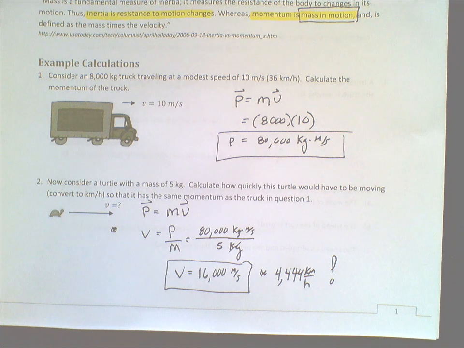Yikes. That would have to move pretty fast to carry the same momentum as that truck. Not likely. Obvious.